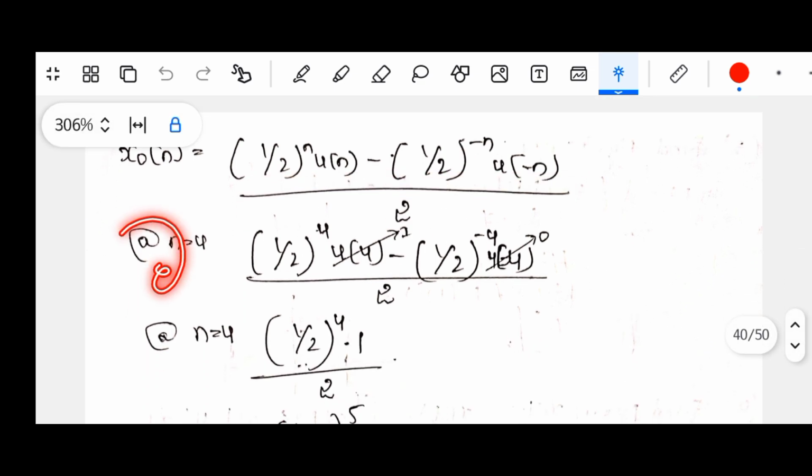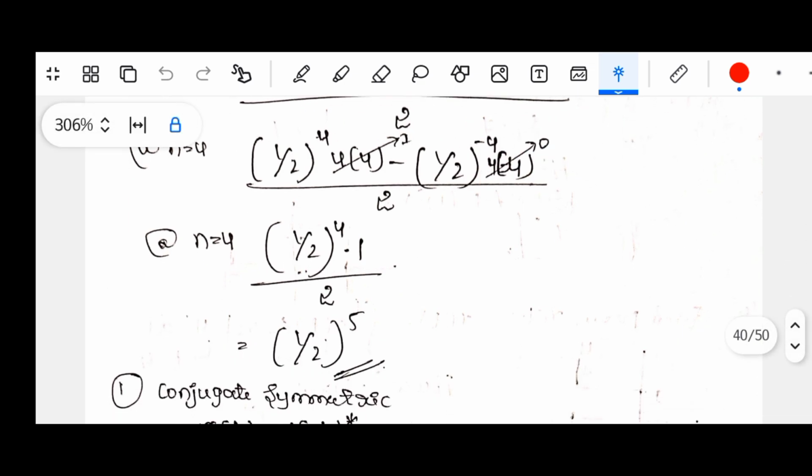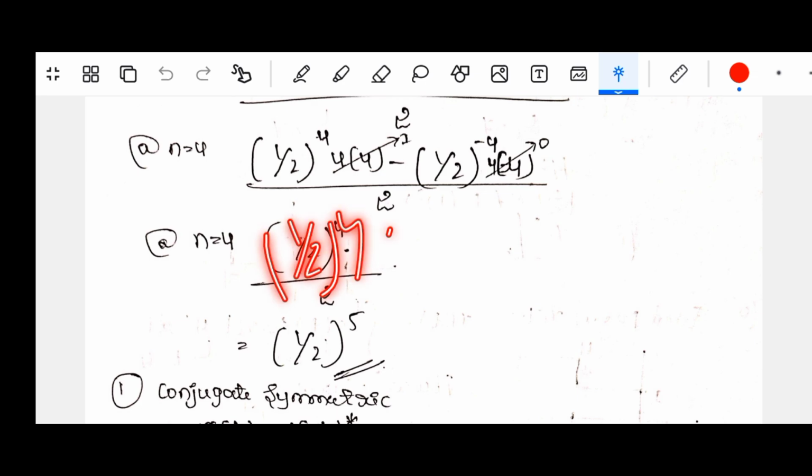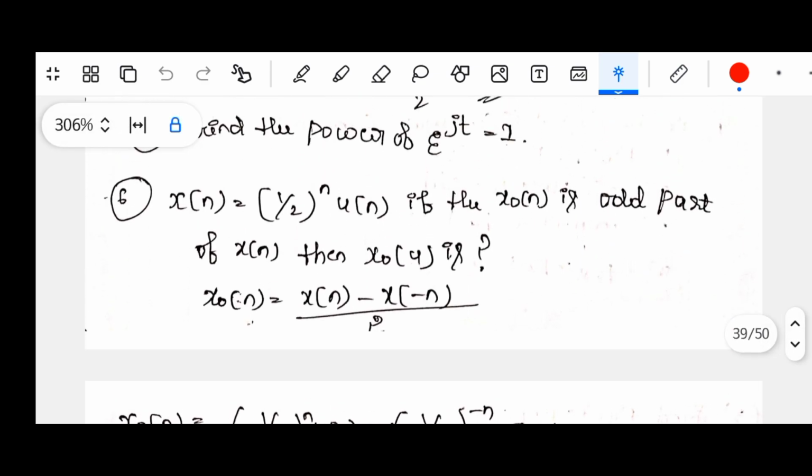So at n is equal to 4, what happens? (1/2) to the power of 4 times u(4), which is 1, minus (1/2) to the power of minus 4 times u(−4), which is 0. Therefore, at n is equal to 4, (1/2)⁴ into 1 divided by 2. Therefore, the answer will be (1/2) to the power of 5.